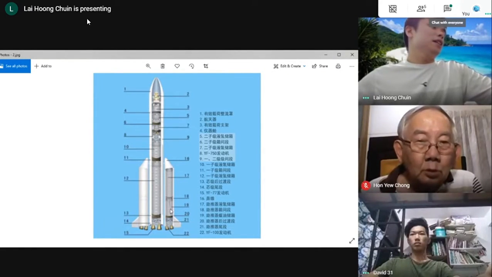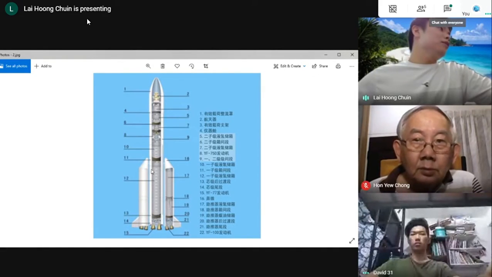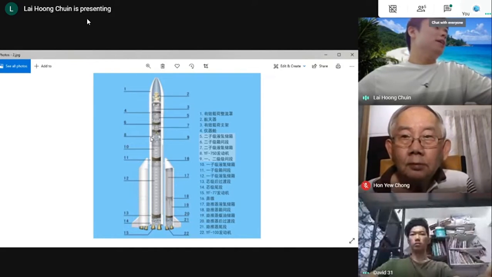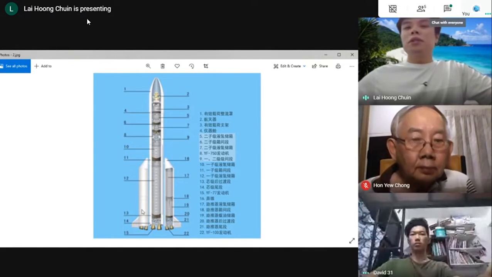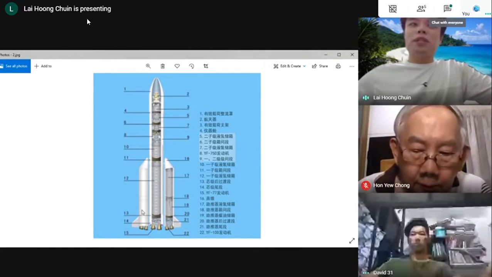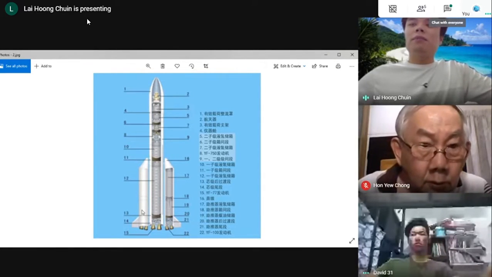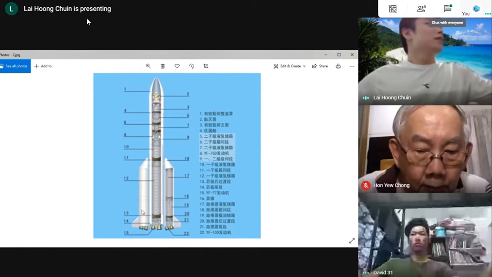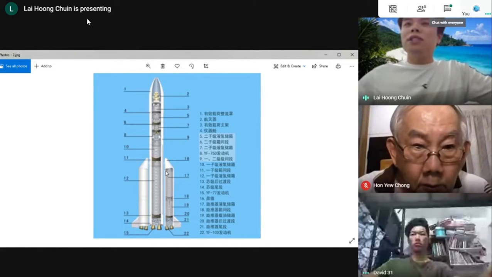Over here there's this number 12, which is the hydrogen tank. Up here is the oxygen tank. Because the byproduct is water, and the molecular compound is H2O, that means 2 hydrogen atoms and 1 oxygen atom, the hydrogen will be consumed more than the oxygen.